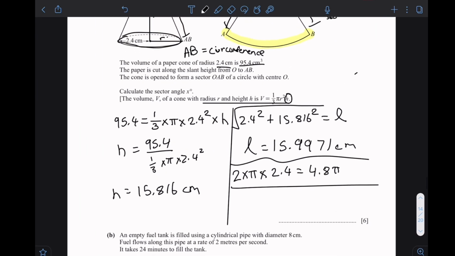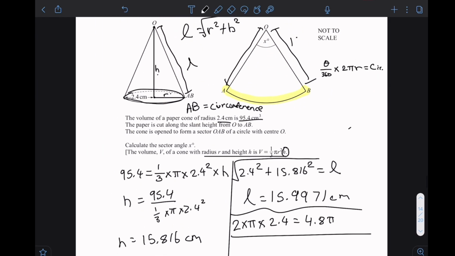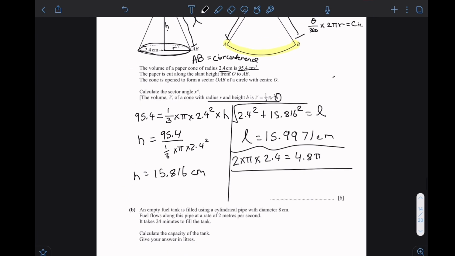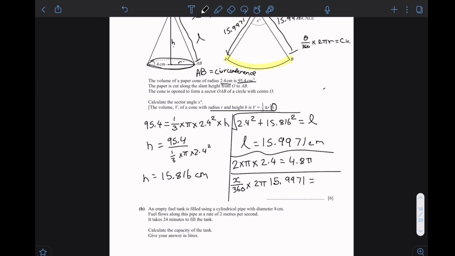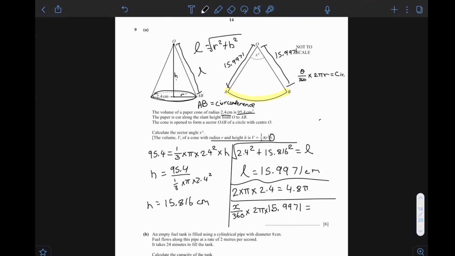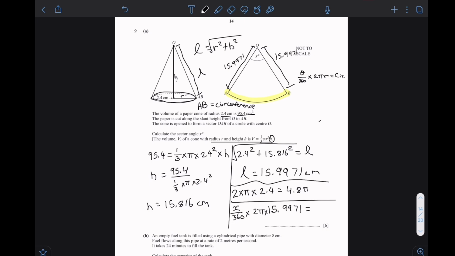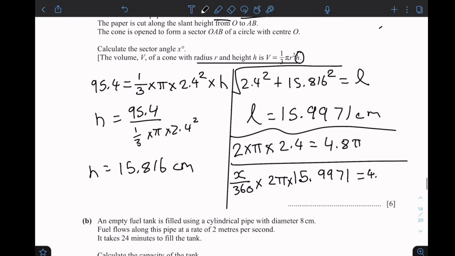And now what you can do is, both of these are equal to 15.9971. So you can just do x divided by 360 into 2 pi r, that is 15.9971 is equal to 2 into pi into 4.8 pi, right?